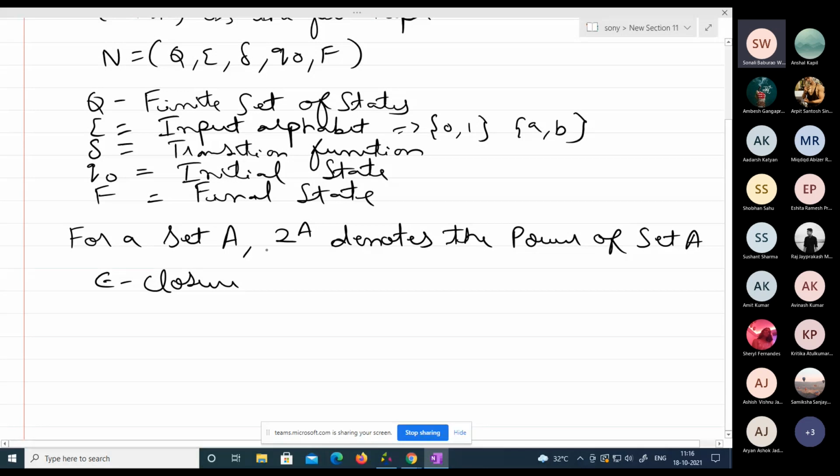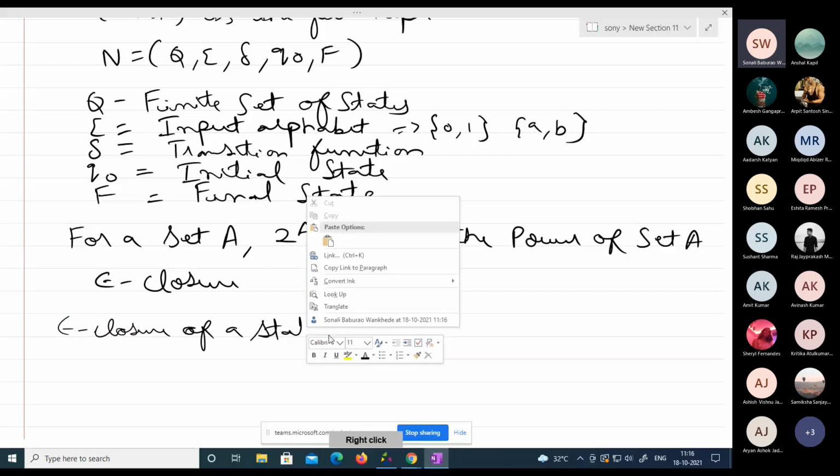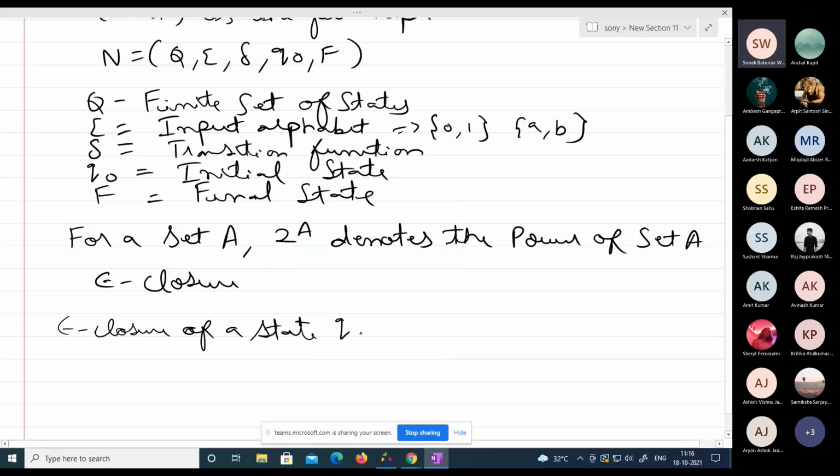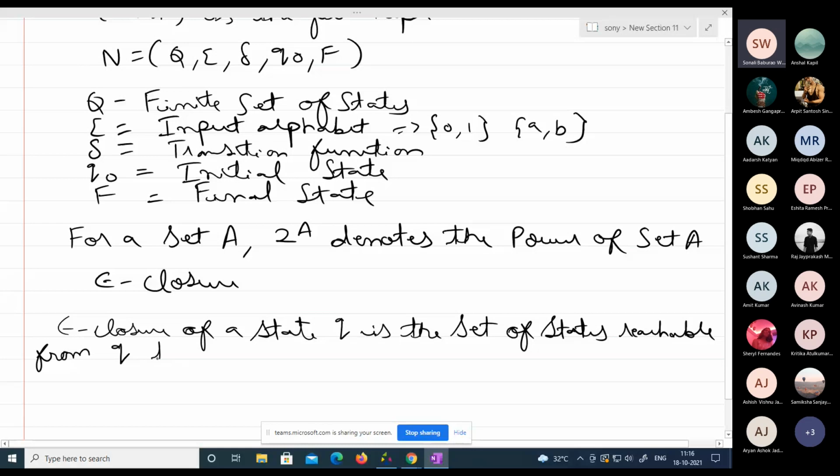The definition: the epsilon closure of a state Q is the set of states reachable from Q through epsilon moves, including itself.